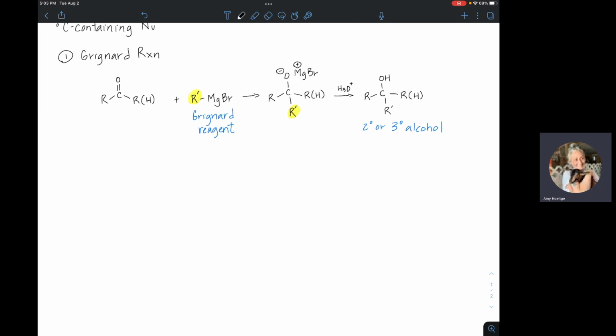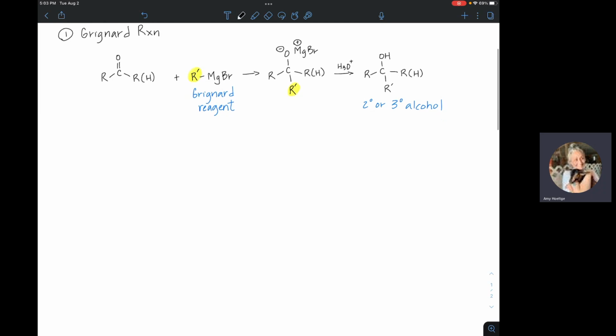So formaldehyde, in other words, can react with a Grignard reagent. So this is normally, we put a little bond between that carbon and the magnesium.